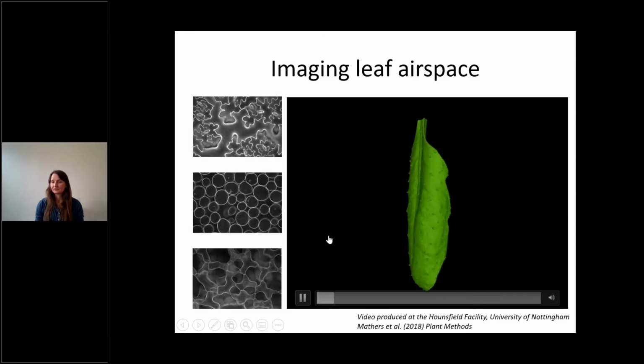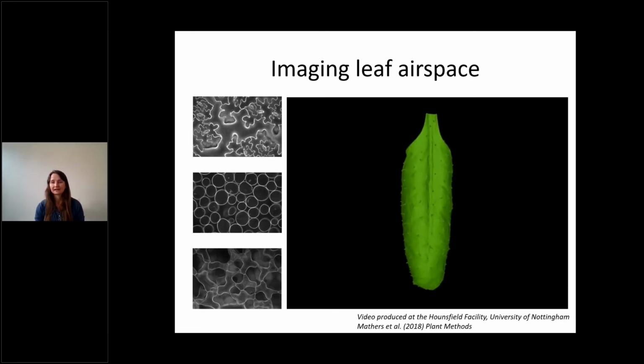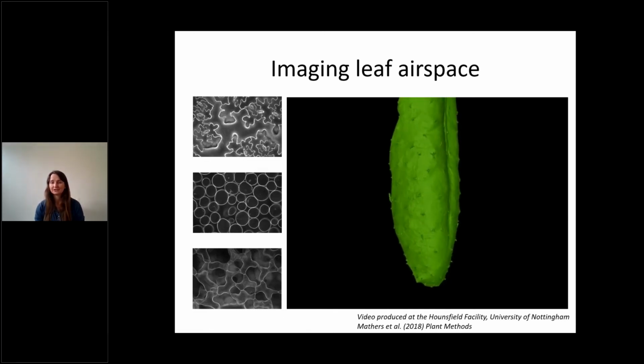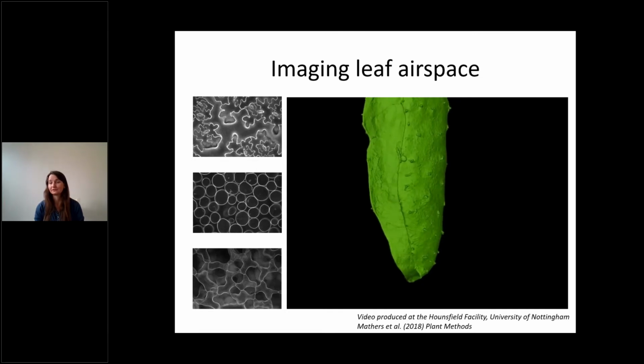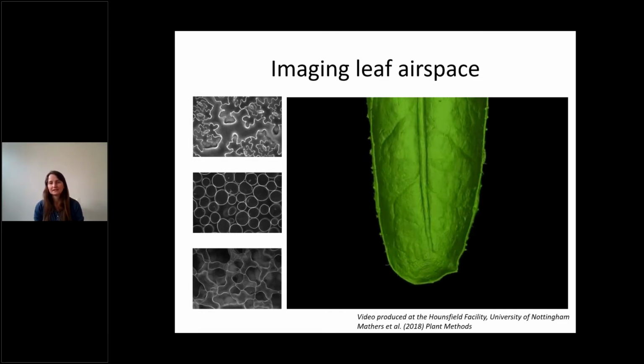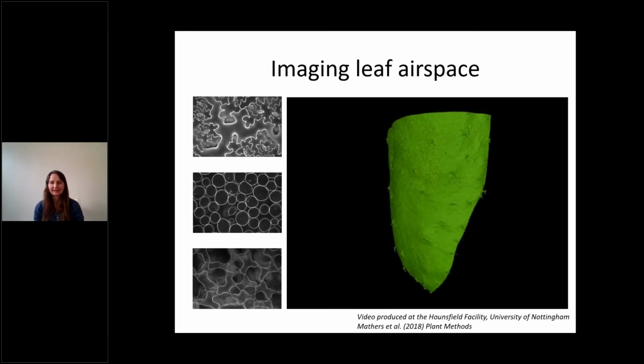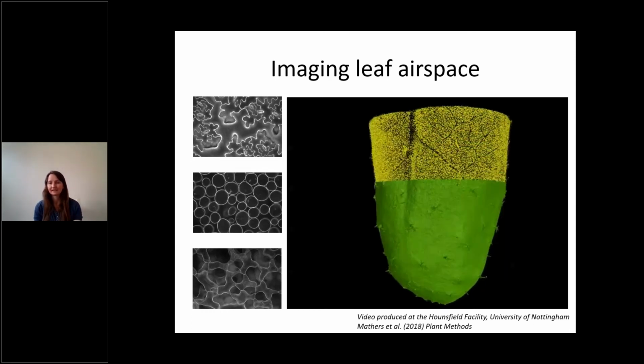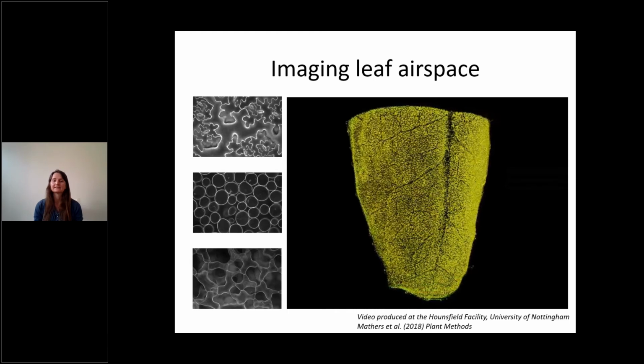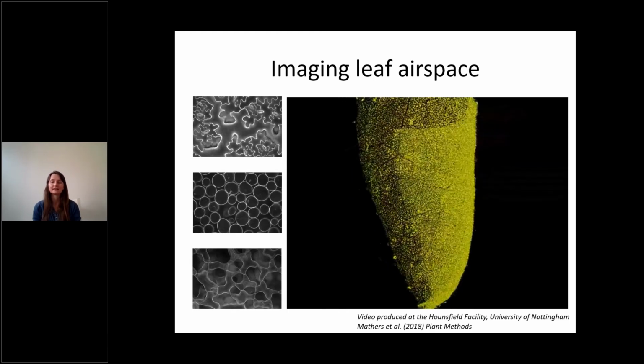This is a 3D rendering of a micro-CT scan. It's an X-ray based scan, just like medical CT, but obviously in very high resolution. In a second, the green tissue will be optically stripped away in this rendering, and you'll see a yellow pattern, and that is the airspace inside the leaf.